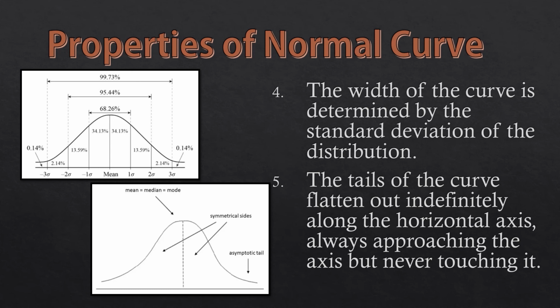These tails, the outer sides of the curve, are asymptotic to the baseline. This portion of the graph is asymptotic to a reference axis called an asymptote. So these are the two asymptotic tails.